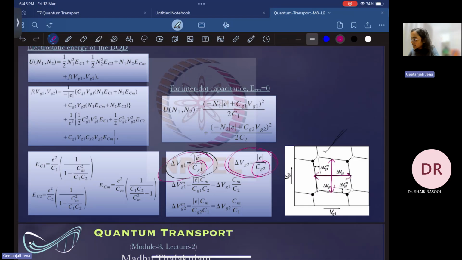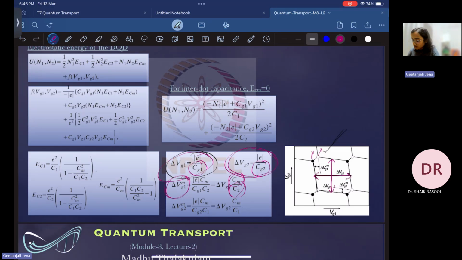Also, an important thing to remember is the voltage difference between the electron triple point and the hole triple point. In this figure, delta VG1 for the first quantum dot is related to both the interdot capacitance and the total capacitance of quantum dot 2. So always remember the relation and the dependence.